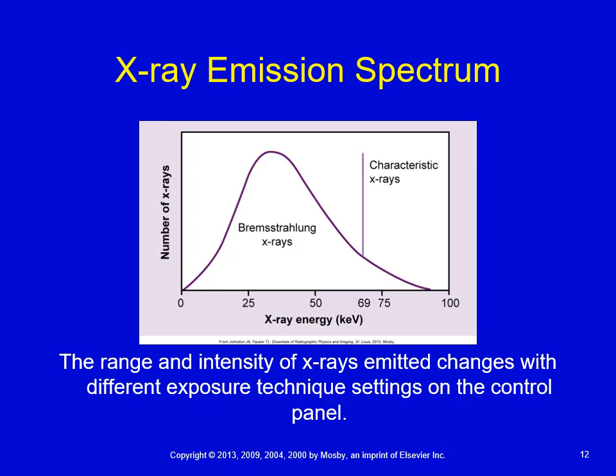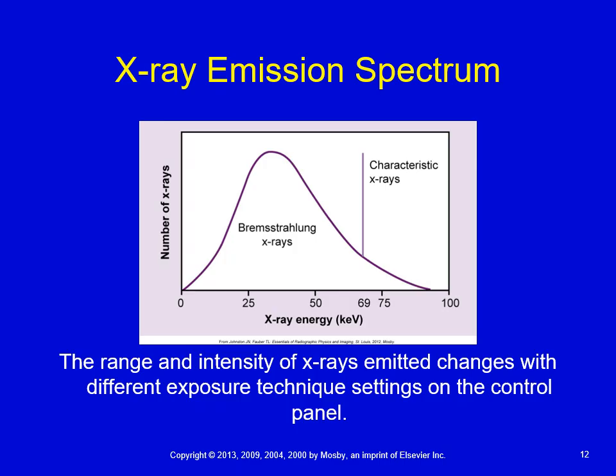When I say there are 15 different energy levels involved in the discrete emission spectrum, we're really only concerned about the 5 that occur as a result of the K shell electron being knocked out, and that cascade of L, M, N, O, etc., dropping in to fill those vacancies.